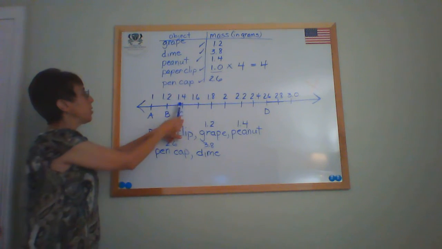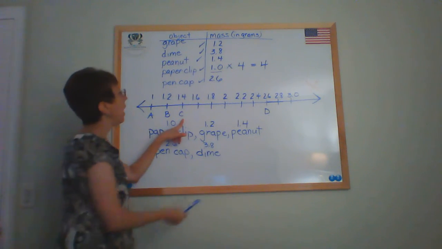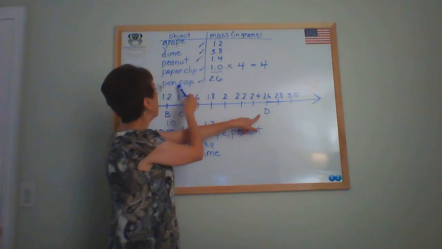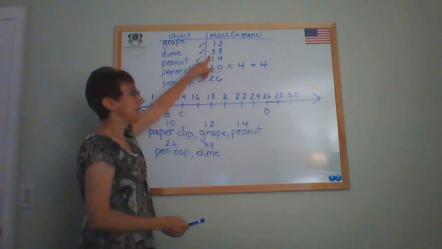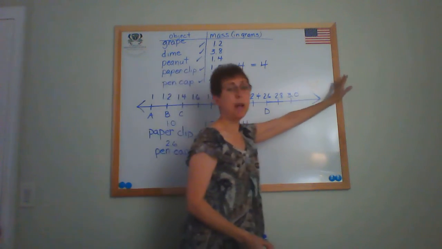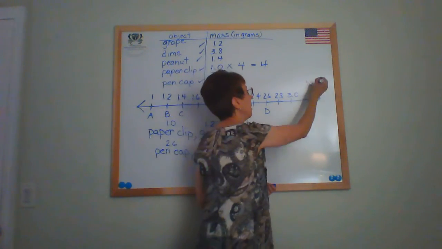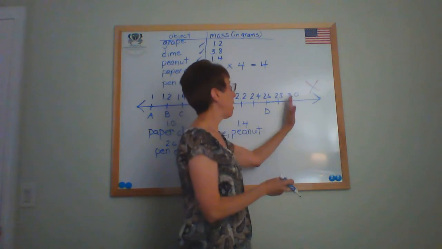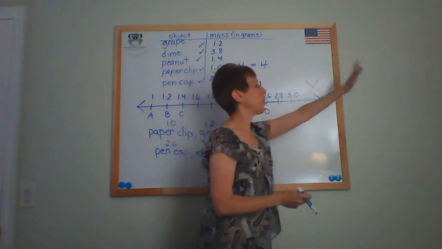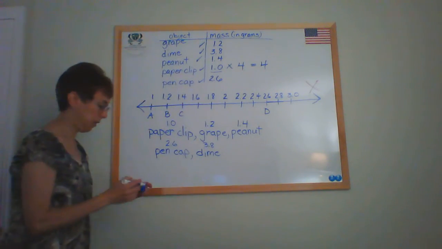C, which is 1 and 4 tenths, is the peanut. And then we have D, which would be the pen cap at 2 6/10. And then we said the dime at 3 8/10 would have to be out here, a little bit beyond the 3, because our number line ended with 3, so 3 8/10 is going to be a little bit beyond what we have here.